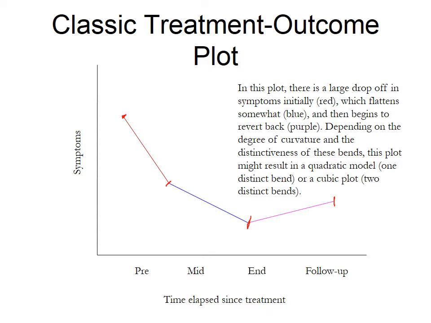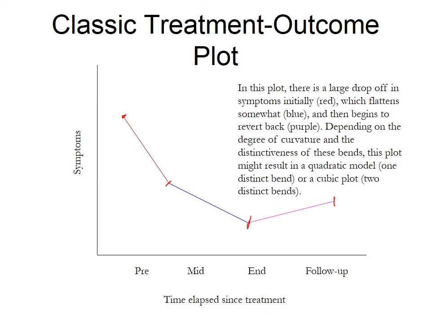As they continue through treatment, they're still going down, but not as quickly as when they started. Then when they end treatment and they're not doing any sort of treatment, we catch up with them maybe 6 months later, and we might see some increase in symptoms, but it certainly hasn't gone back to where they started. So this relationship is not a straight line relationship.